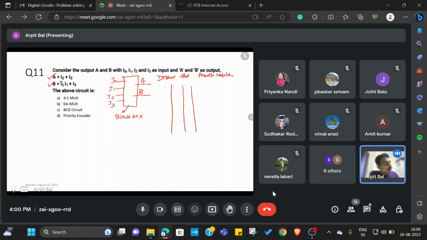So let me make a truth table with only the three variables that are used in these equations: I3, I2, I1. Then the outputs will be A and B. Let us write the input variables from 0 to 7: 000, 001, 010, 011, 100, 101, 110, 111.